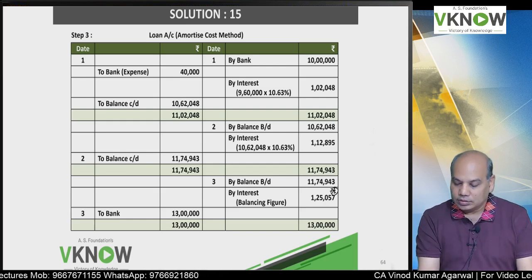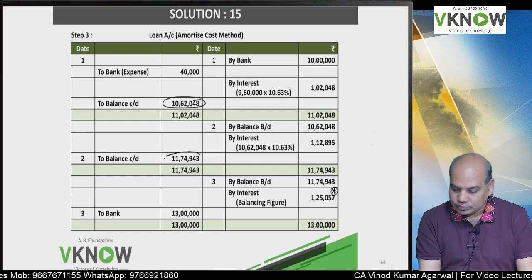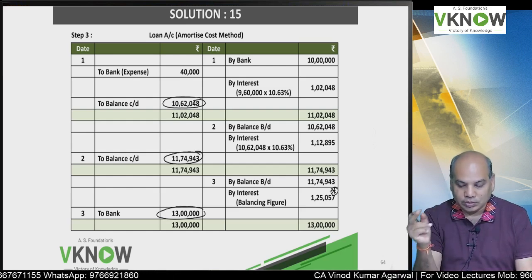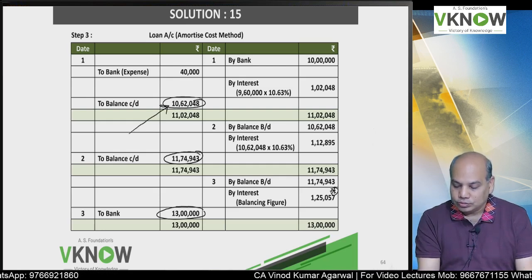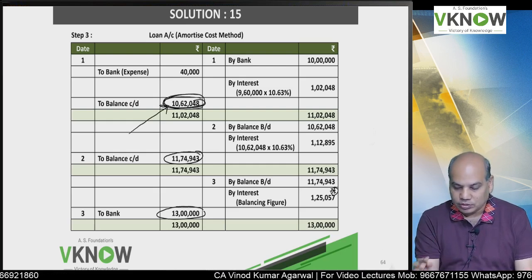So this is my carrying amount. In the last year there is no carrying amount; carrying amount is 0, it is paid. Income tax will not allow you 10 lakh rupees of deduction, because that is the principal amount.